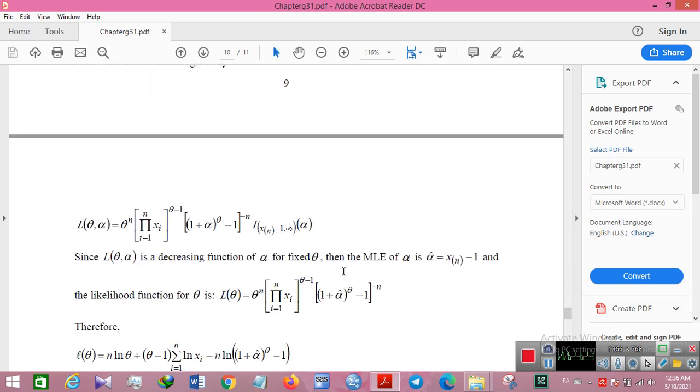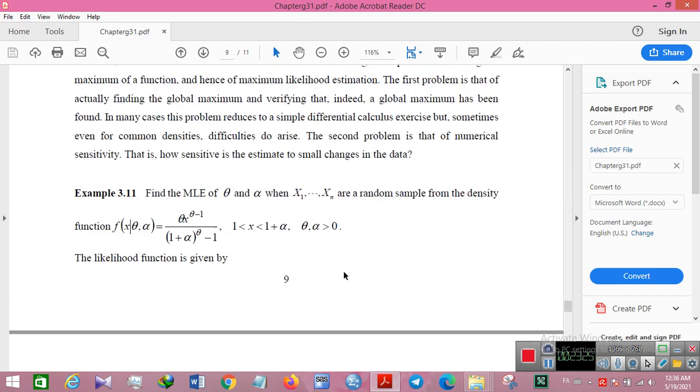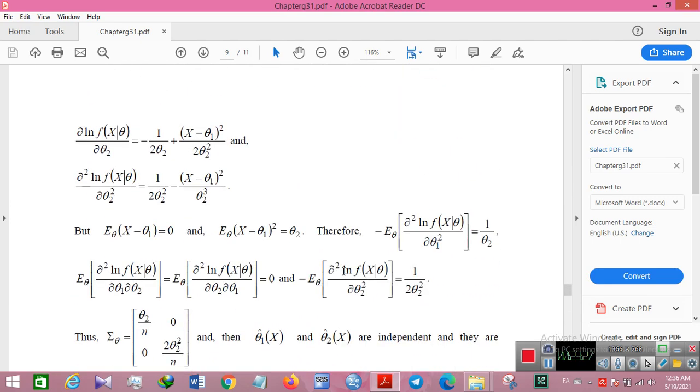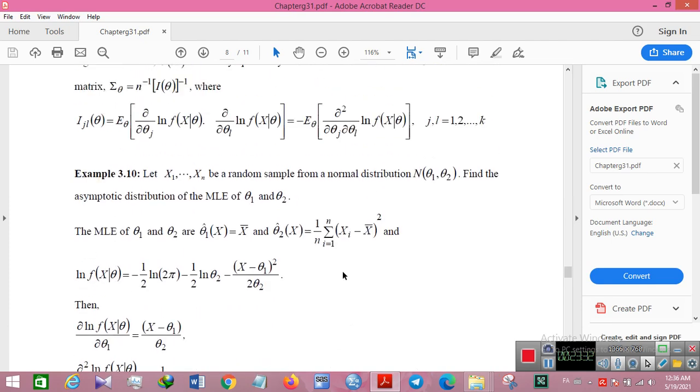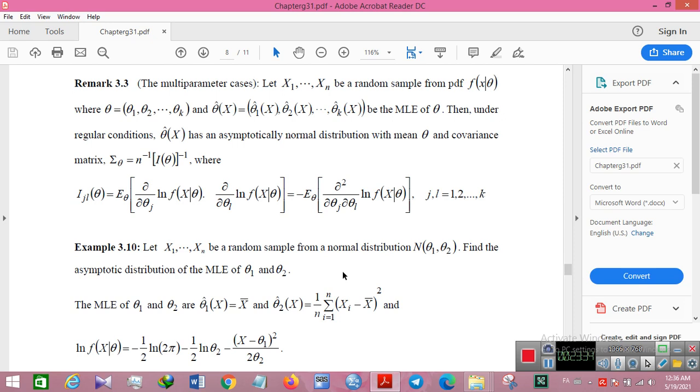But the very nice property of maximum likelihood makes it very popular to use by people, especially in applied statistics.